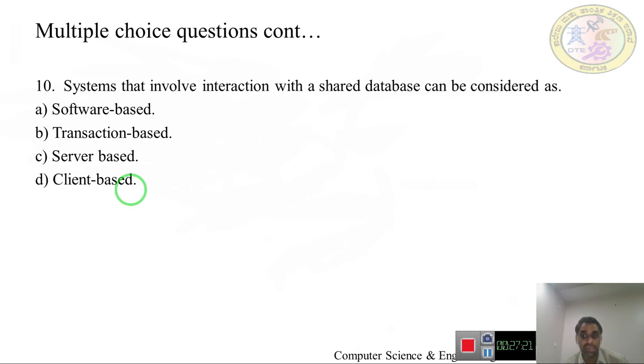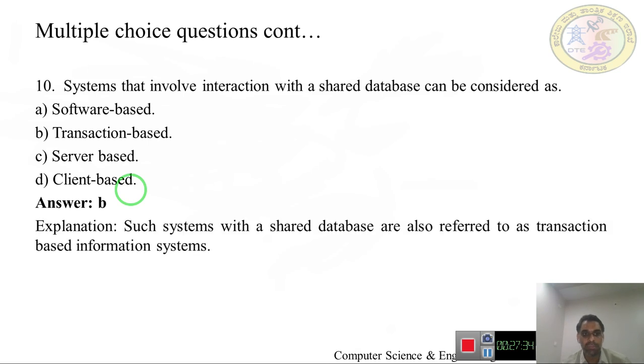It is the interaction with the database, right? So that's why systems that involve interaction with the shared database can be considered as transaction based. Okay, the correct answer would be B. Why? Because such systems with a shared database are also referred to as transaction based information systems. It is neither software based nor server based or client based.